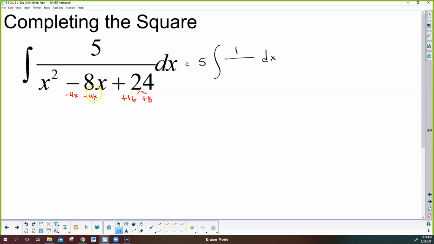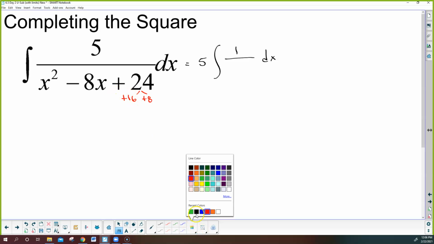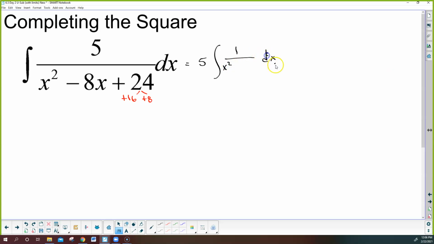So if you remember completing the square, we cut this in half, and we get negative 4, and then negative 4 squared gave me positive 16. Now, I'm going to move this over really quick.